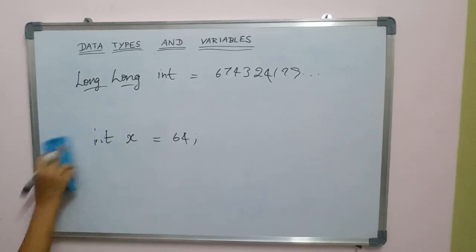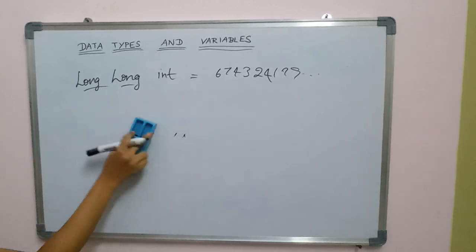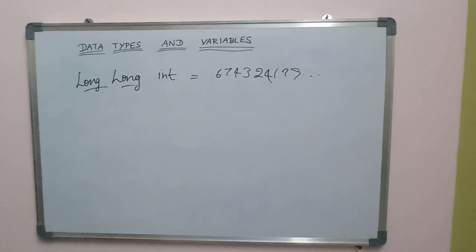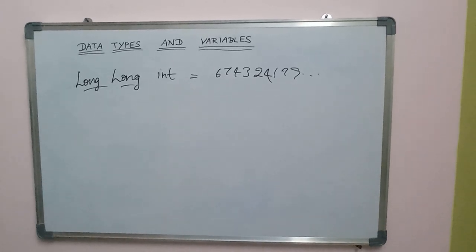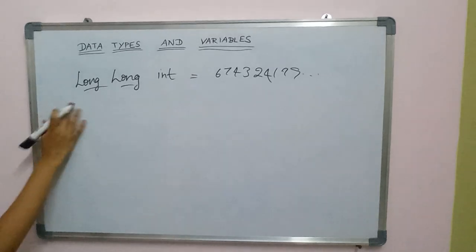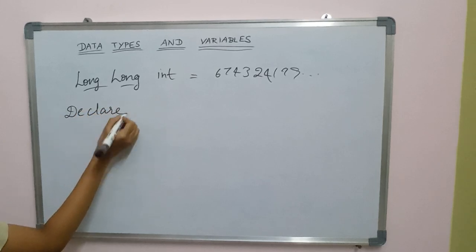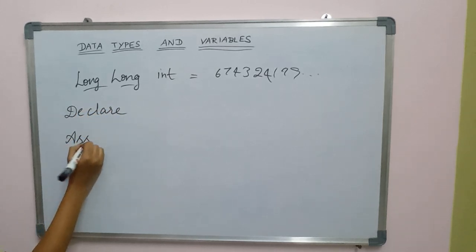Now we have learned about some interesting things like data types and constants, and now we want to see declaration and assignment. The two things are a little bit similar, but not the same. Let's first see declare and next assign.